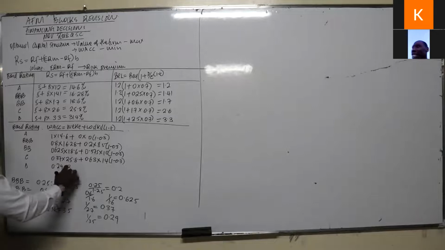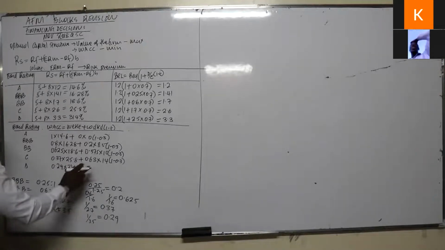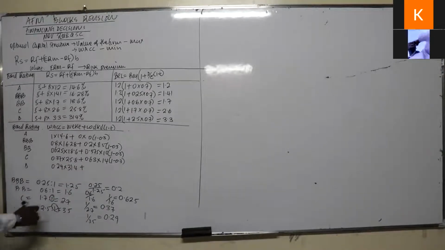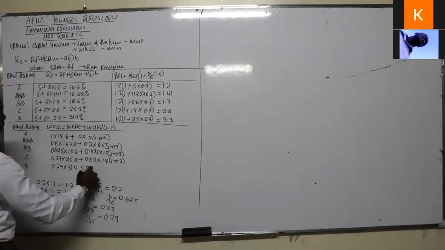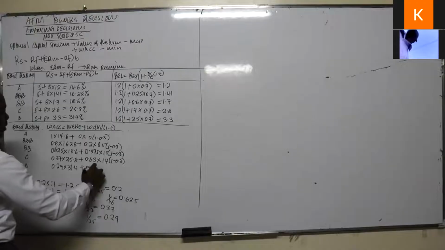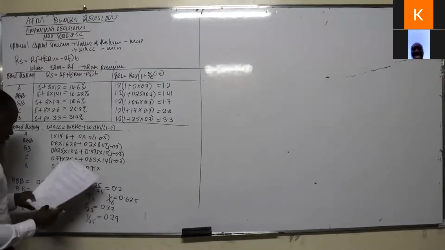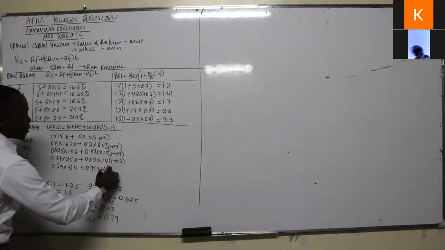Cost of equity is 21.4. Then you add the weight of the debt, which will be 0.71. You multiply by the cost of the debt, which is 16.